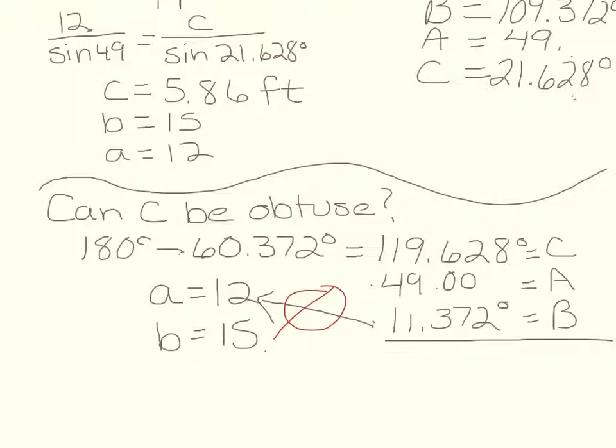Now, sometimes, given certain circumstances, I think it's valid for you to try to make sense of whether or not this third case can work, or even the second case can work. At some point, there will be circumstances that just don't work out. Your sine value becomes greater than 1.